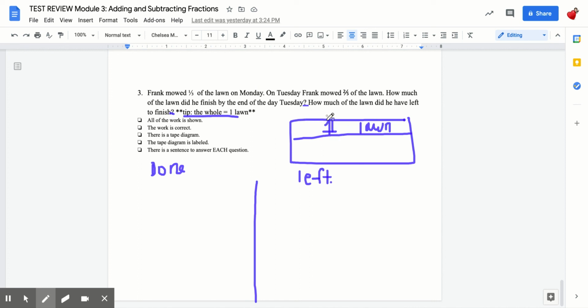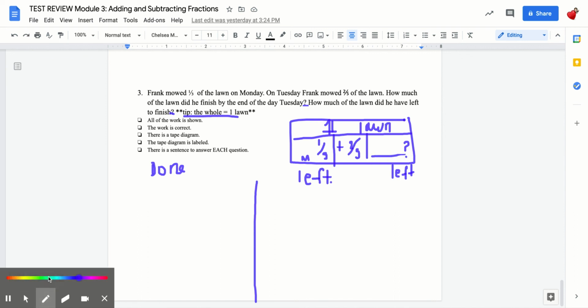What parts do we know? We know that on Monday he mowed 1/3. We know on Tuesday he mowed 2/5. And then we have a mystery number of what's left that we'll have to fill in. But we can't figure out this mystery number until we know what these two parts are together.